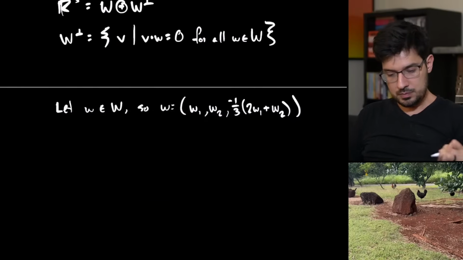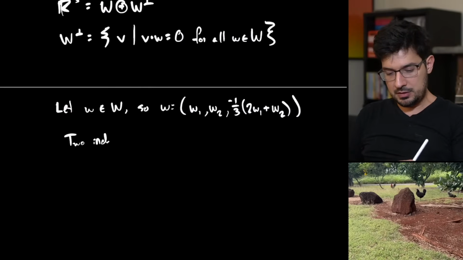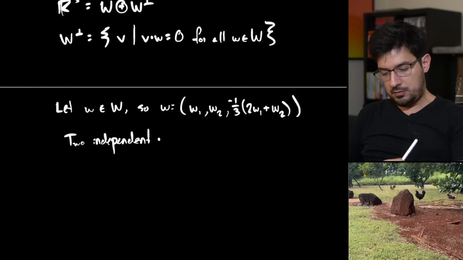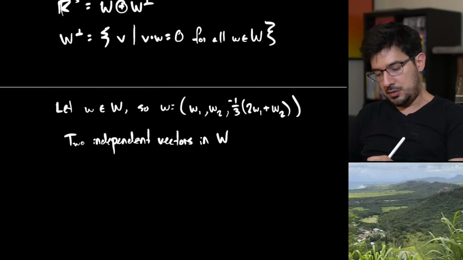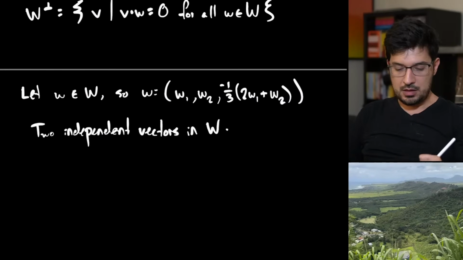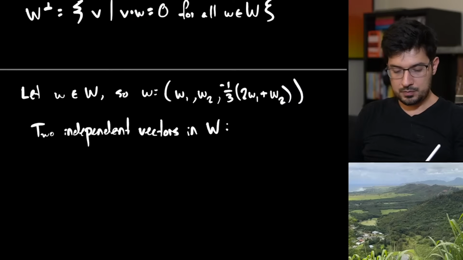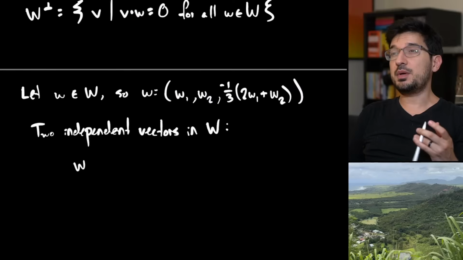So two independent vectors in W are, dude, I don't know. What letters do I want to use?